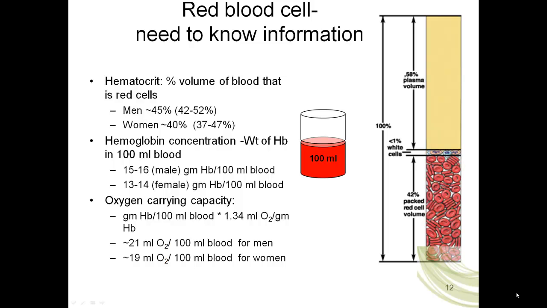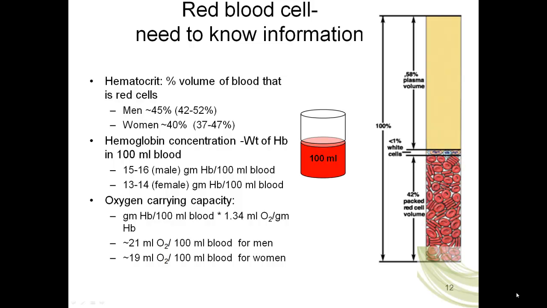Therefore, we often want to know how much oxygen carrying capacity our blood has. How much can we physically transport in red blood cells? So in order to calculate oxygen carrying capacity, we need to multiply the grams percent of hemoglobin that we just discussed previously by 1.34 milliliters of oxygen for every gram of hemoglobin we have.